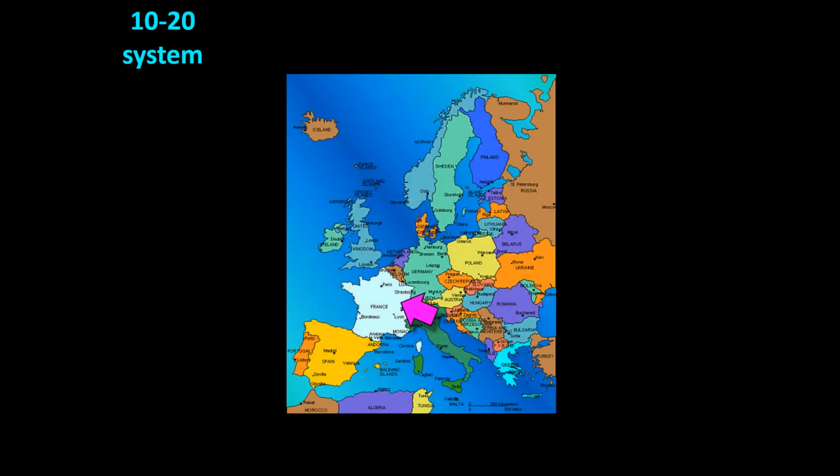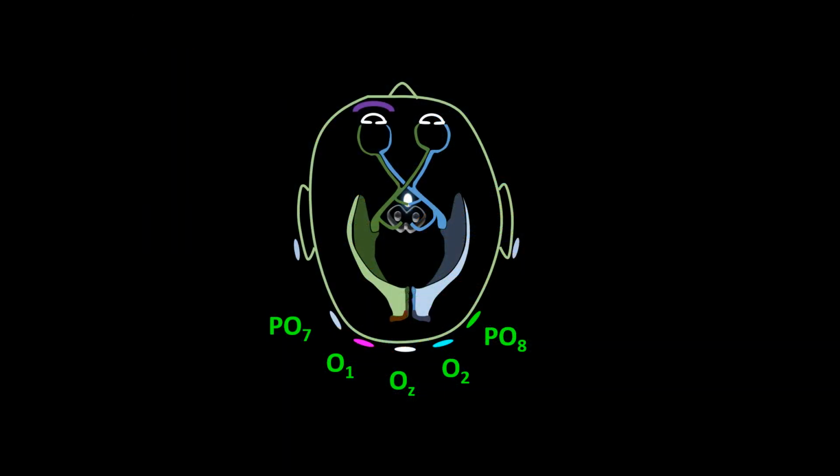The steps used to place the electrodes using the 10-20 system were described in one of the videos regarding EEG. Anyway, when we look at them from above, there's really not much difference between the Queen Square system and the 10-20 system.